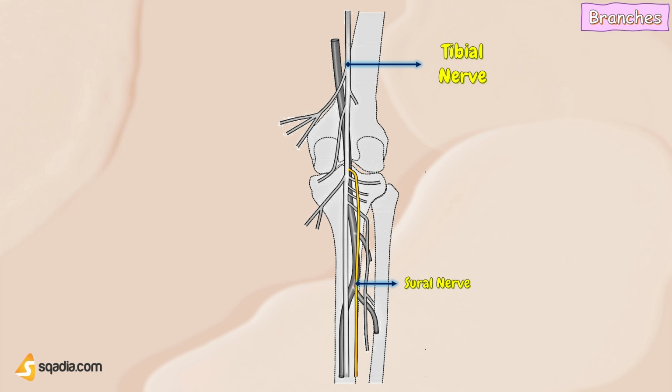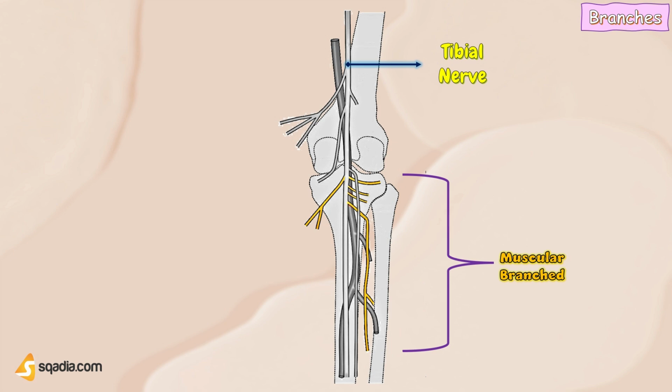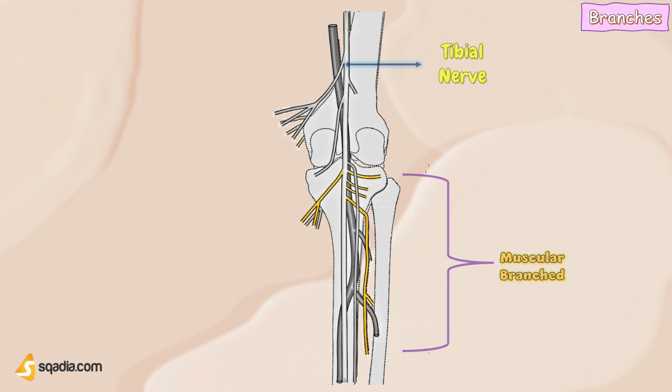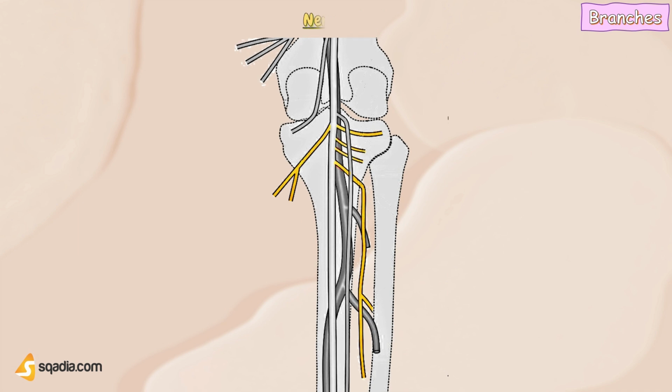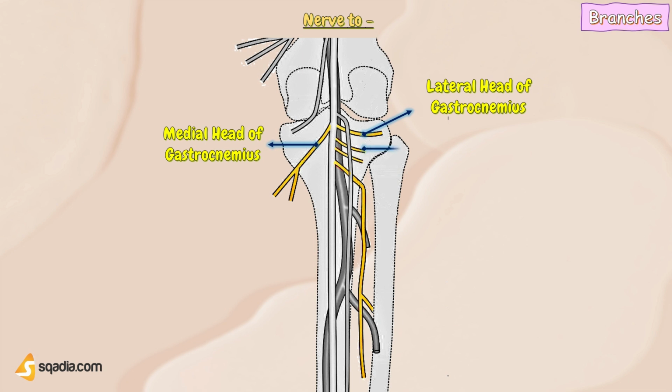Next, we have the branches of the nerve that innervate the muscles. The muscular branches arise in the distal part of the fossa. The highlighted nerves shown are: nerve for the lateral and medial heads of gastrocnemius, nerve to plantaris, nerve to soleus, and nerve to popliteus.